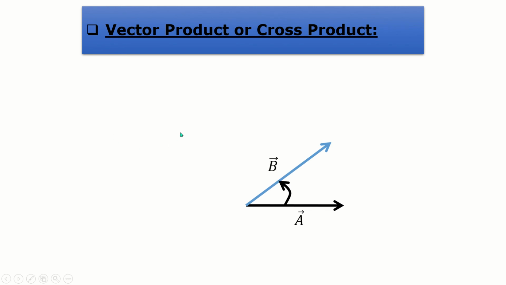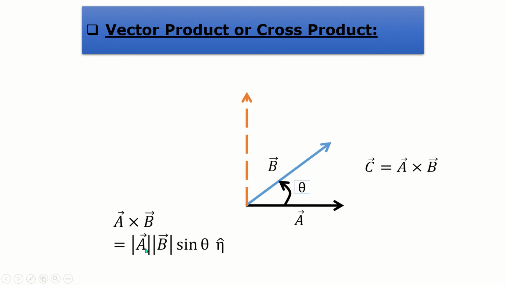Vector product, or cross product. A cross B, you have to denote here as C vector. A cross B vector equals the magnitude of A vector times the magnitude of B vector times the sine of their included angle, times eta hat.